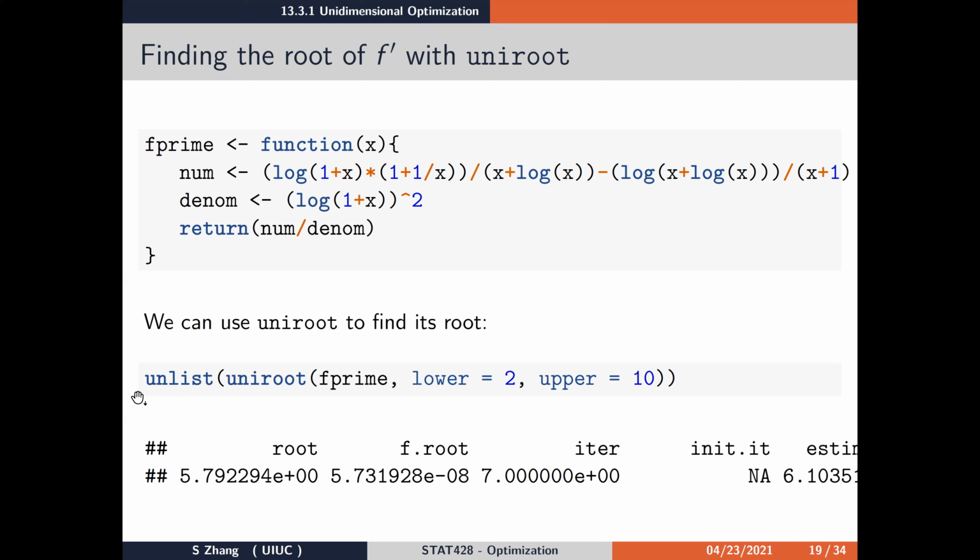We will also evaluate fx again at this updated x value, and we will increment the iteration count by 1. We're going to return a list that contains the solution, which is the last x value, the value of the function f evaluated at the solution, as well as the number of iterations it took for this procedure to terminate.